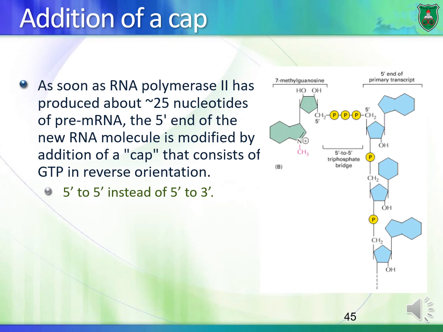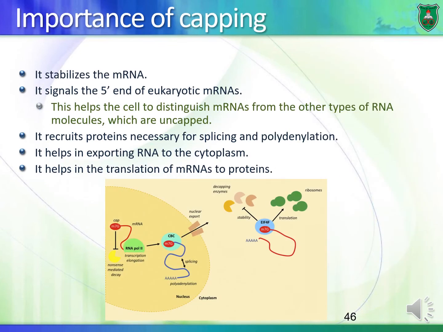Now, why are mRNA molecules capped? Because capping is important for their stability. That's one. Capping is important to tell cells this is mRNA and this is the beginning of the mRNA molecule. This is the 5' end of the molecule.